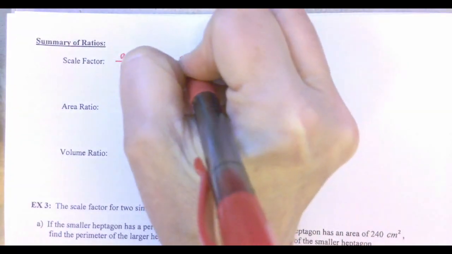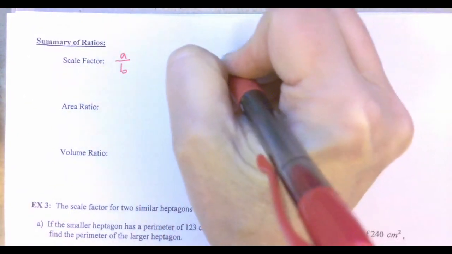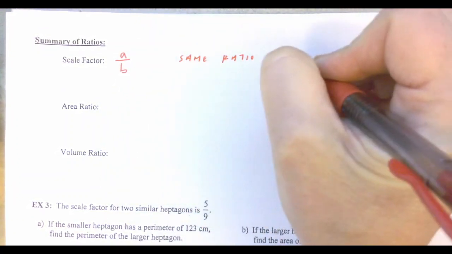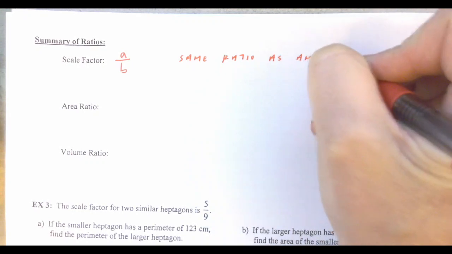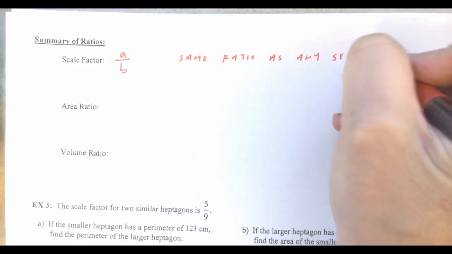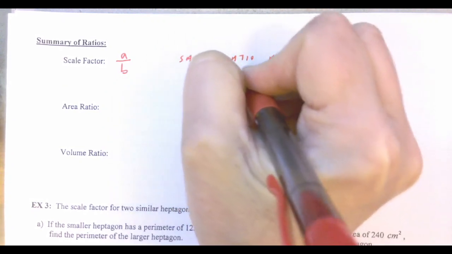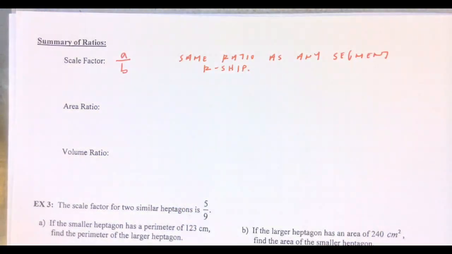Let me write that: same ratio as any segment relationship. So again, same ratio as any sides, any heights, any diagonals, any perimeters, etc.